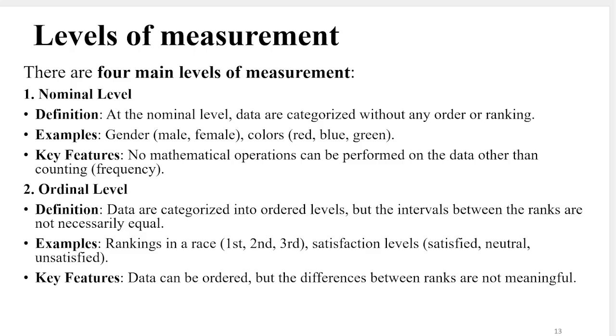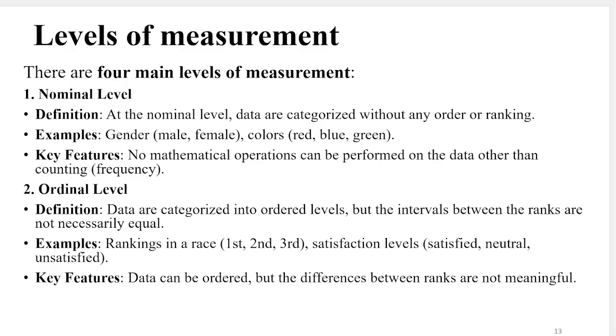The second one, ordinal level. The ordinal level is more advanced than nominal because here the data can be ordered or ranked. However, the important point is that the difference between ranks is not equal or not known.